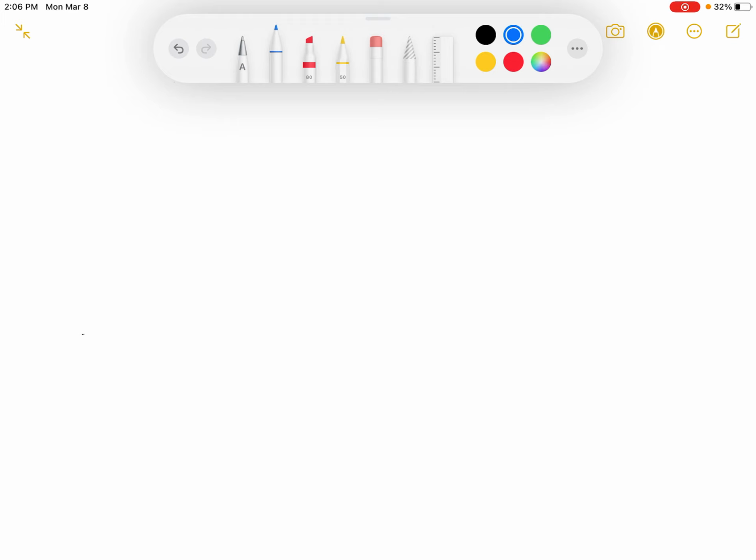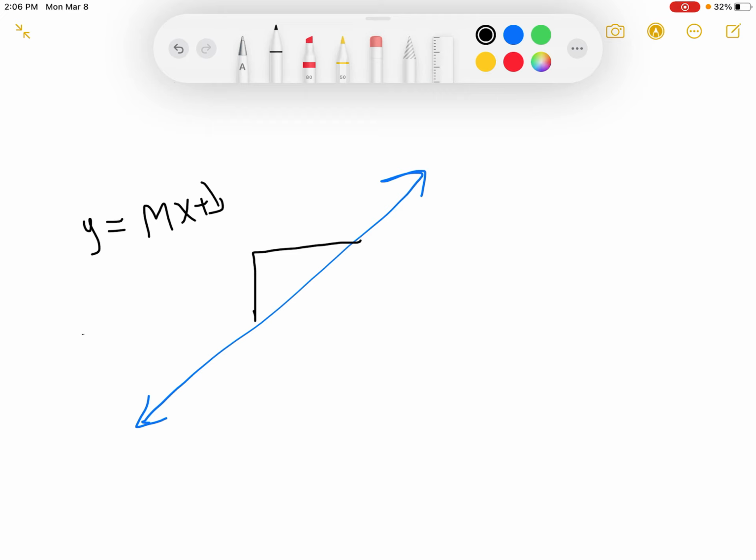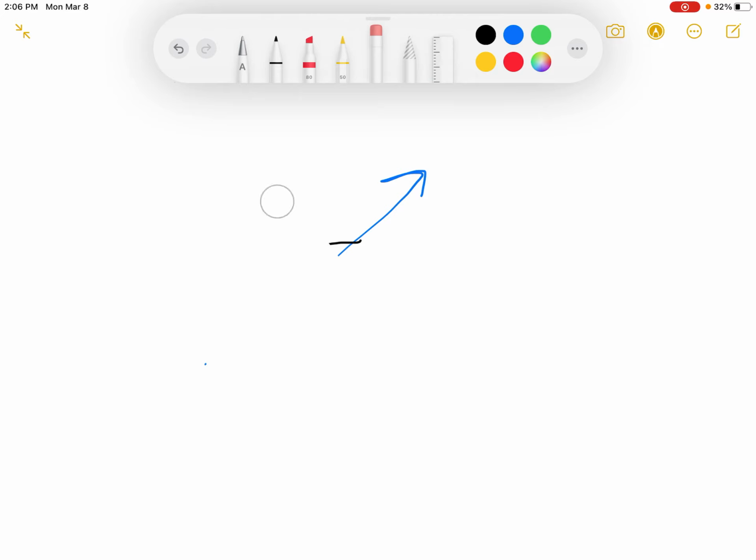So we already know for linear lines, basically the average rate of change is just the slope, or the m, in the y equals mx plus b equation. But there's also a way to find it for quadratics, but it's not that simple.